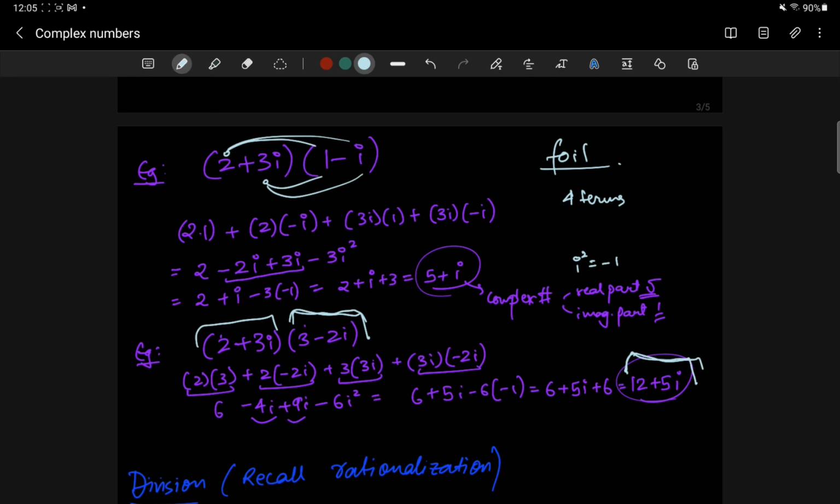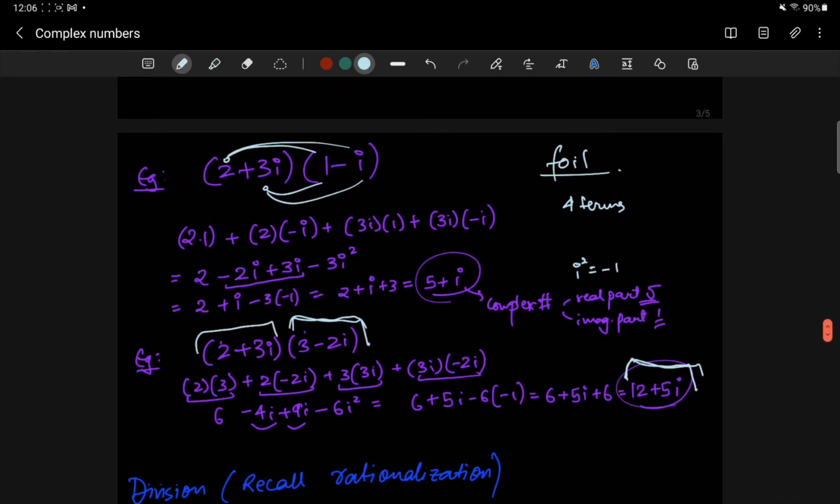And as you can see here in the notes, it's going to make use of an old technique that we have used a bunch of times, particularly when working with radicals, right, which is the process of rationalization. So in this case, we will be focusing on rationalizing the denominator using similar ideas that we have seen in the radical section of the course.